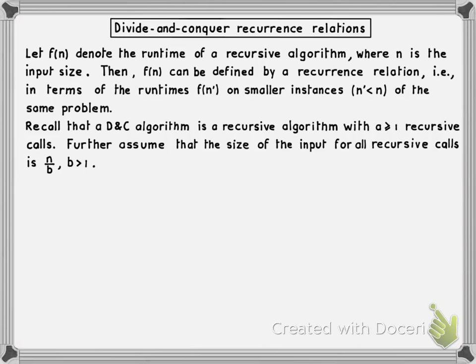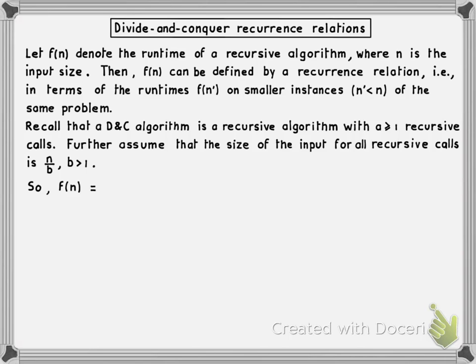So what we want to compute now is the amount of time it takes for this divide and conquer algorithm to solve a problem of size n. So f of n, in other words, is equal to what? Well, it's the sum of all the runtimes of the 3 steps in the divide and conquer strategy. So the first step is the divide step.